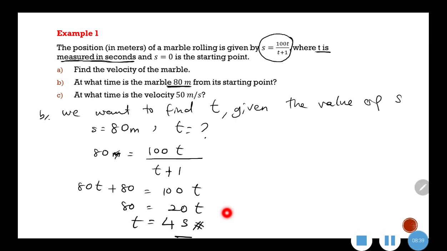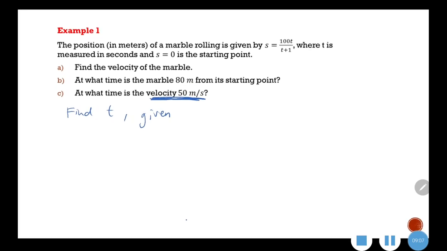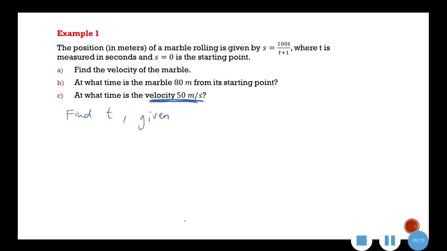Now we're going to solve question 1c. What we want to find here is the time when the velocity is 50 meters per second. So find t given the velocity is 50 meters per second. What is the formula for velocity? Let's look back at the notes.